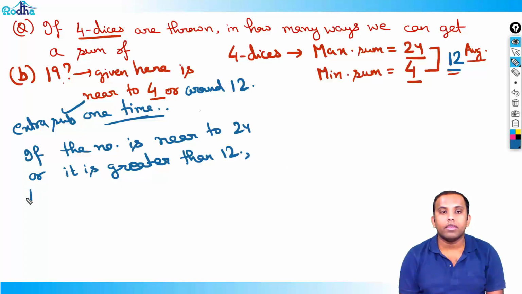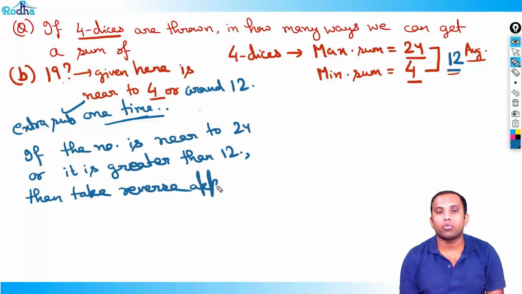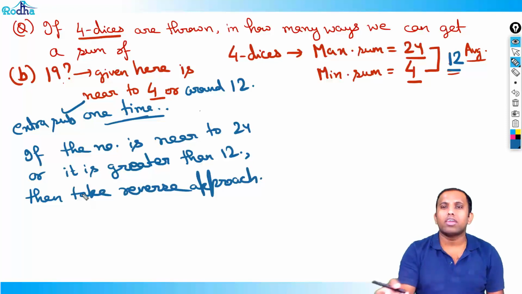Greater than 12, then take the reverse approach. So we're going to see a reverse approach here. First I wrote 14, then around 12, so I thought, okay, around 12 to 14 is fine. We can take 12 as a limit.